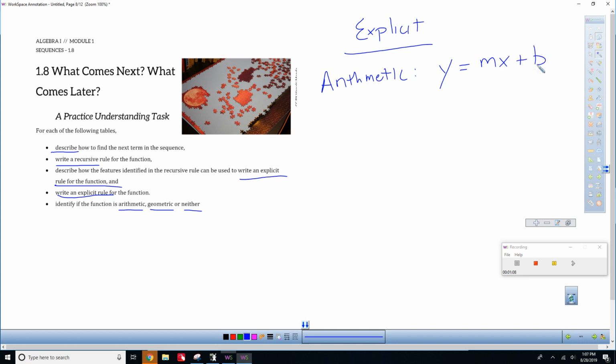But as an alternative notation, we might say the function is a value of some number n, m times n plus b. These two things are synonymous. They're the exact same thing. Okay? Where m is the slope and b is the y-intercept.